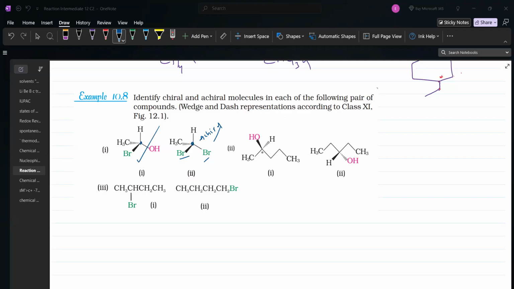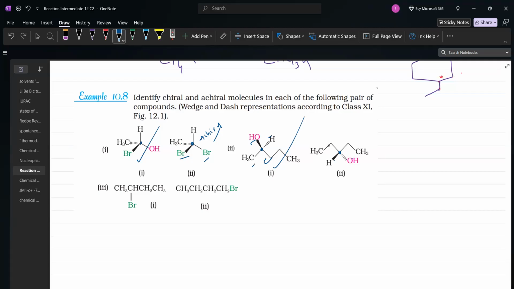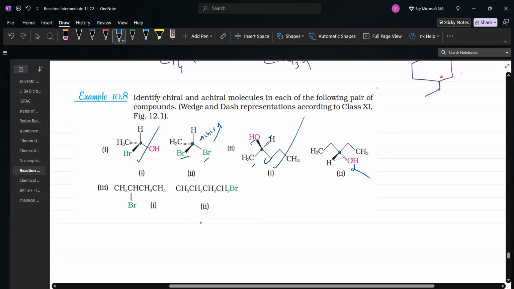Now the next one: this carbon has four different groups, so it's quite clear that this is chiral. And in this one, this carbon has H, OH, and a group that is similar for both: CH2CH3 here and CH2CH3 here. So this is achiral.